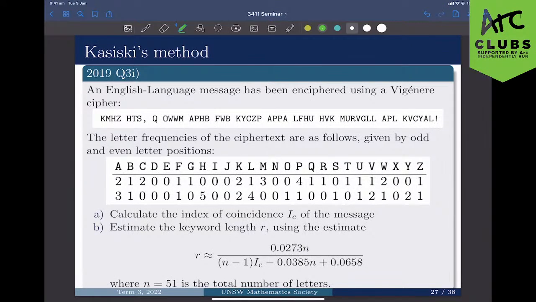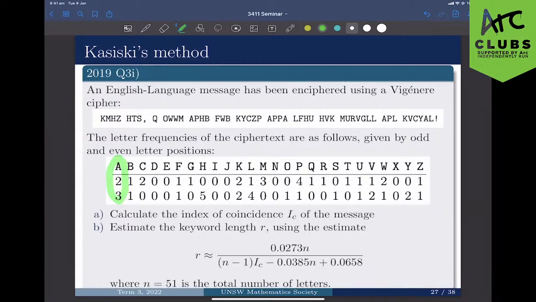An English language message has been enciphered using the Vigenère cipher. The letter frequencies of the ciphertext are as follows, given by odd and even letter positions. What this means is that A appears in even letter positions twice and in odd positions 3 times, so the total number of times that A appears in this text is 2 plus 3, which is 5.